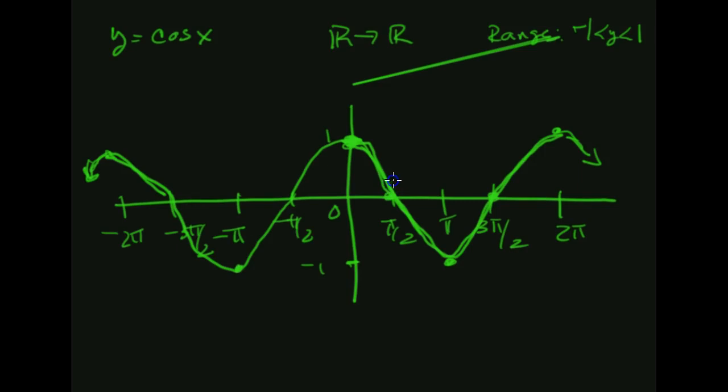We'll get into it later in other subjects, where you are going to call the sine an odd function and the cosine an even function, because one is symmetric about the origin and the other is symmetric about the y-axis. But these are the shapes of these functions when you take them as functions instead of ratios.